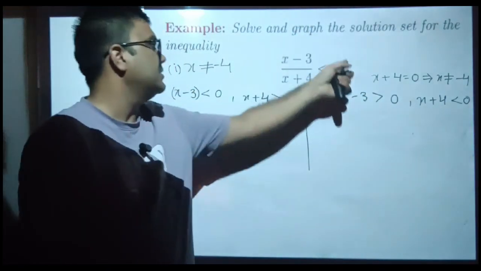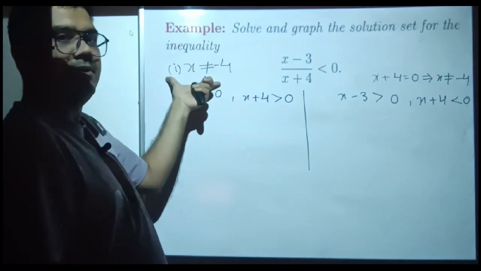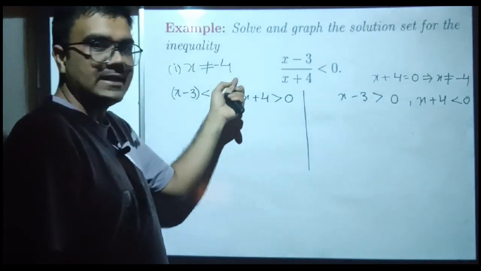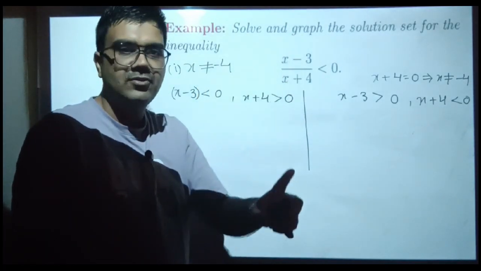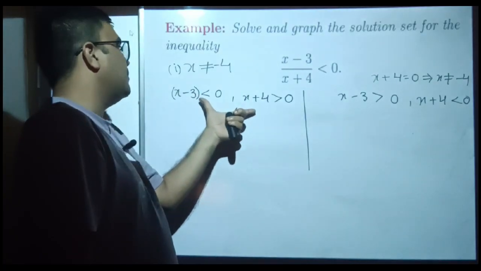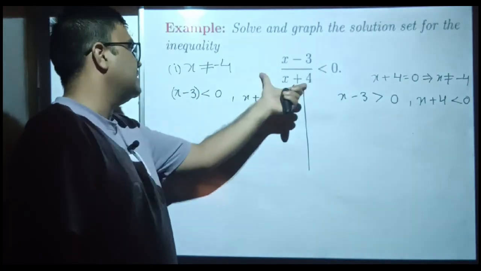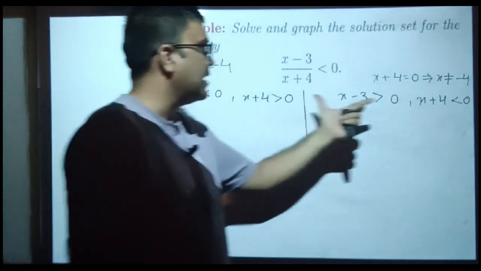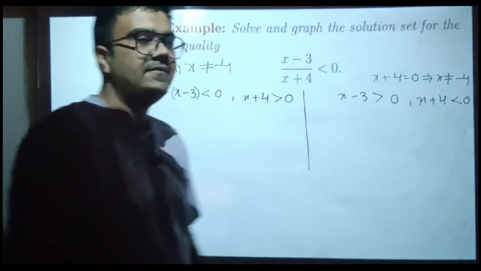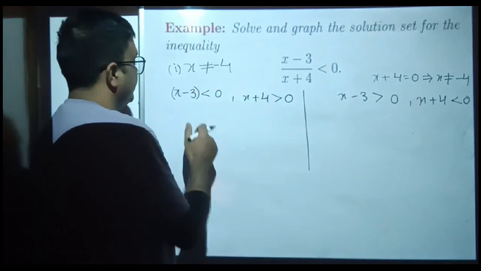The first condition we have obtained here, that x cannot be equal to minus 4, is because the denominator cannot be 0. This is the simultaneous inequation that we have derived. Let us try to solve these two.